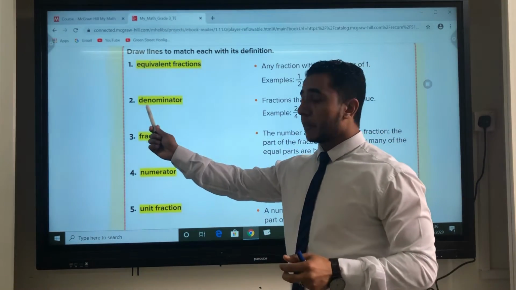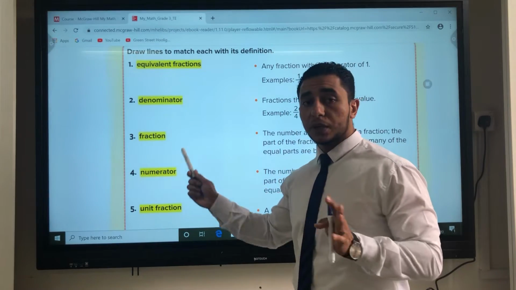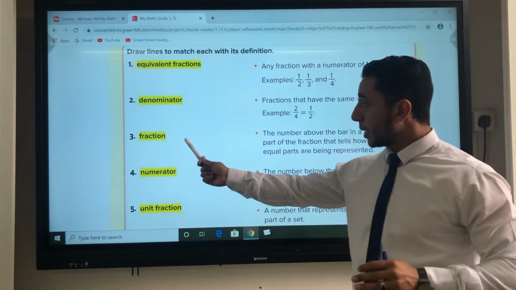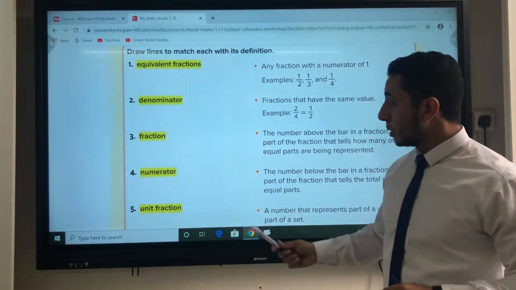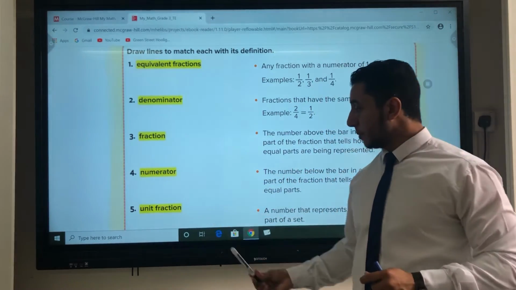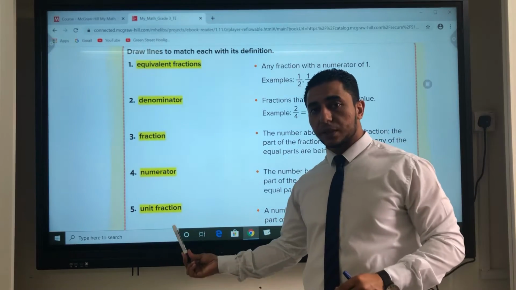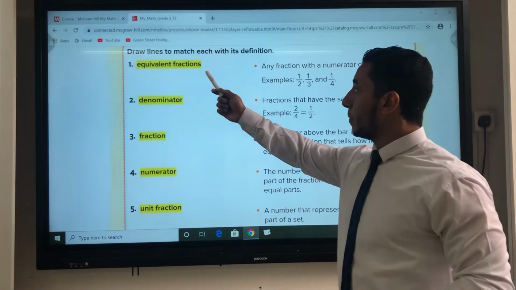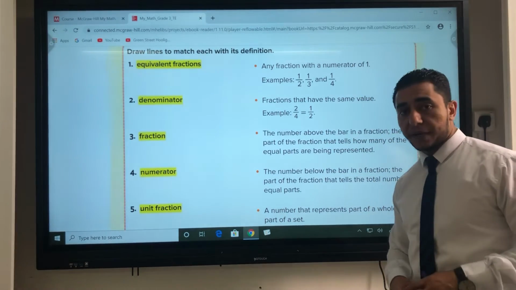Second is denominator. Third is fraction, numerator, and unit fraction. The question here: draw lines to match each with its definition.